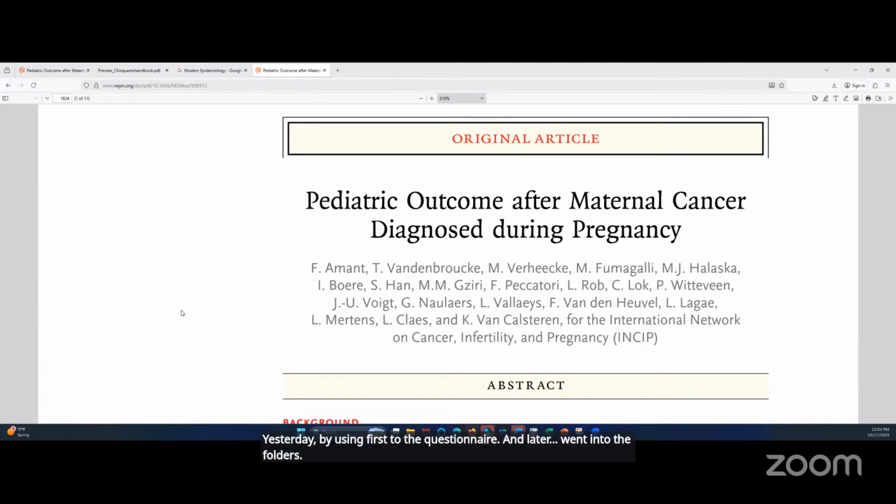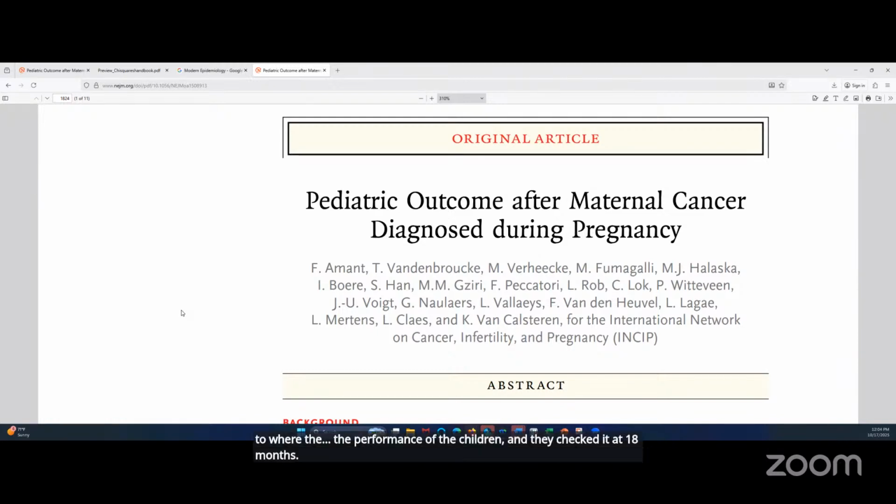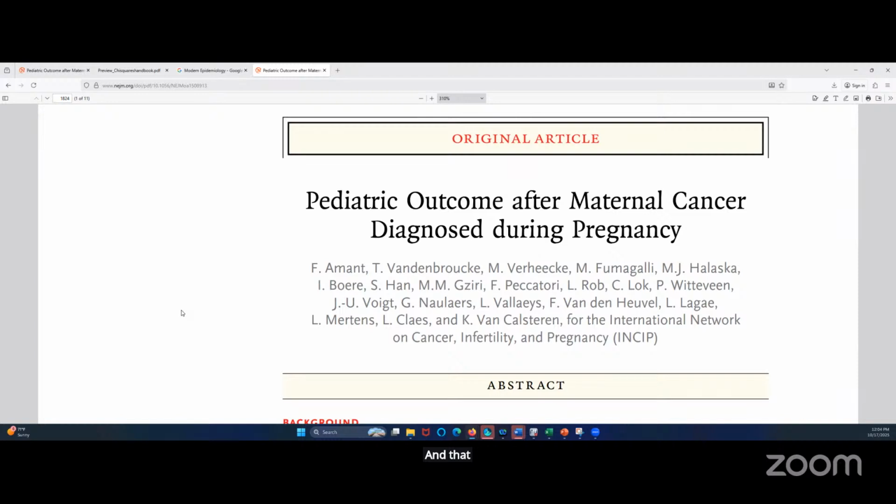Okay, so from there they could look at some general medical condition things. So they used, I think, Bayley's scale to weigh the performance of the children, and they checked it at 18 months and 36 months.